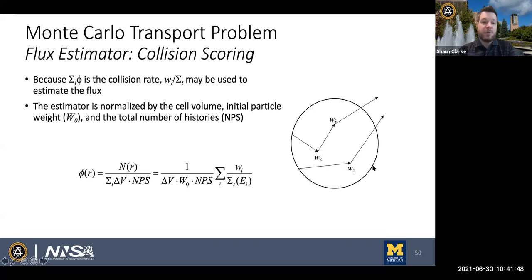But the track length estimator will not return 0, because even if there's no collision, there's still going to be a track length as the particle passes through the volume. So in most Monte Carlo codes, I think the track length estimator is the default, just because it's a little bit more robust to thin volumes, but collision scoring is still equally viable, assuming the volume is large enough that enough collisions take place to build up those statistics.